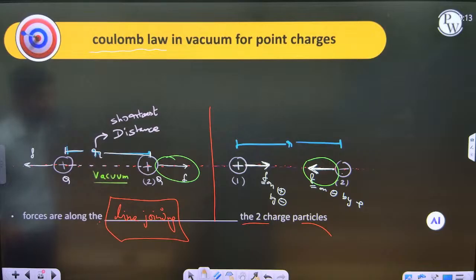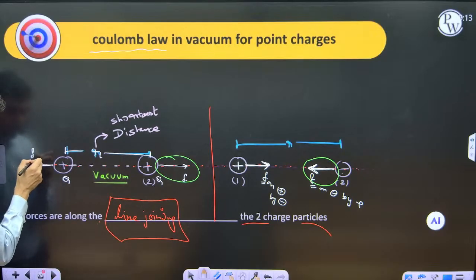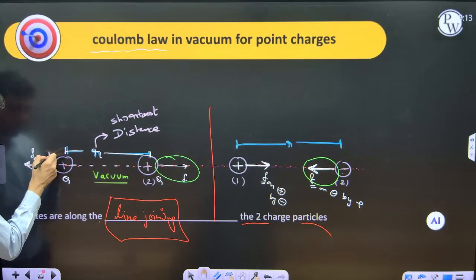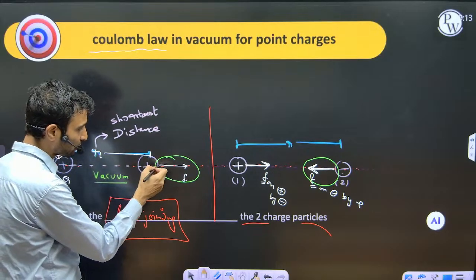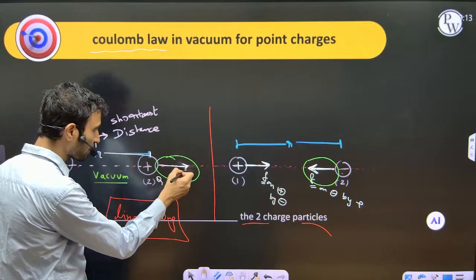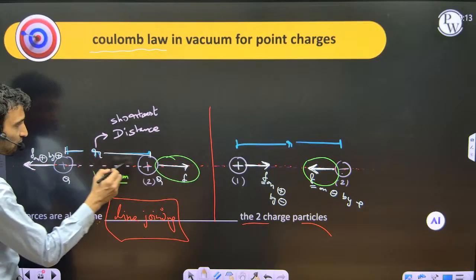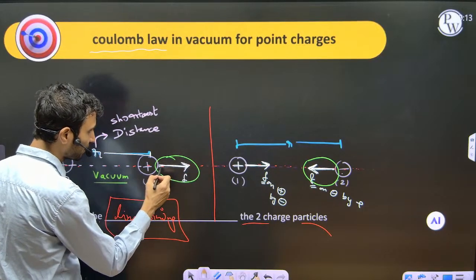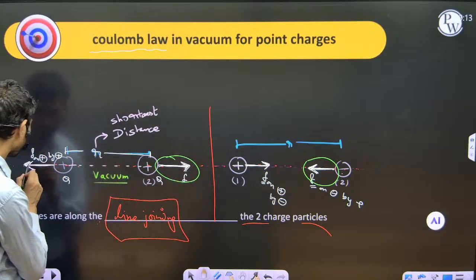So do they follow Newton's third law or not? Yes, because you see this is the force on one charge by the other, and this is the force on the other by the first, same force but acting in opposite direction, equal magnitude but opposite direction.